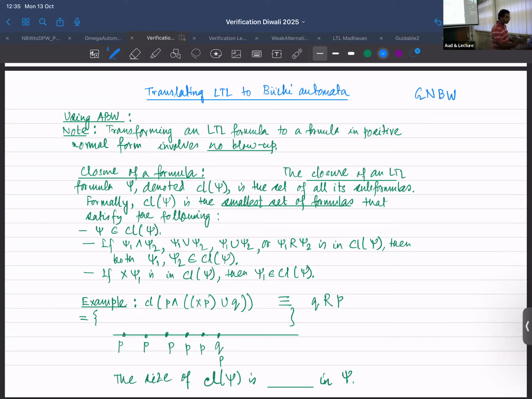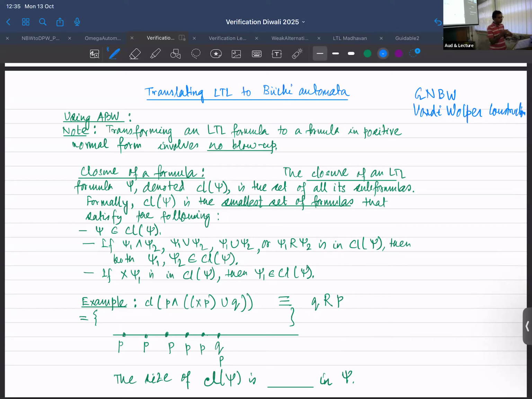By the way, this construction, which we'll possibly mention again, is called the Vardi-Wolper construction, to the GNBW. I think it was somewhere in the late 80s.